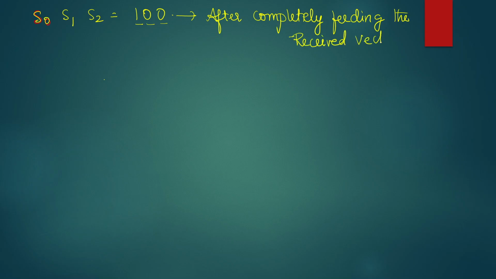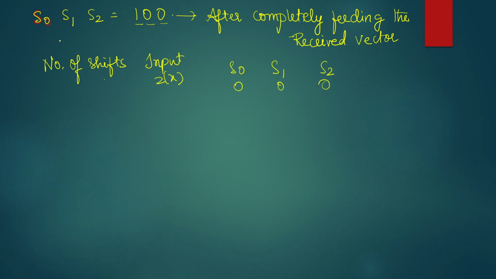So I'll tell you in brief again. Assume that I'll be tabulating the number of shifts, the input received vector z of x, and the contents of the shift register s0, s1, s2. Initially all s0, s1, s2 will be 0. So z of x that I am considering here is 1110101. For the first shift I will enter the extreme right bit 1. So what will happen?